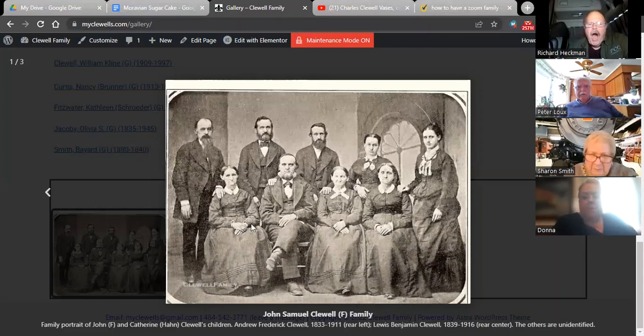Now, unfortunately, I do not know any of these ladies. I don't know what their names are, and other than Louis B. here and Andrew Frederick here on the left, I don't know either of these two gentlemen. And so that's a little happy mystery.